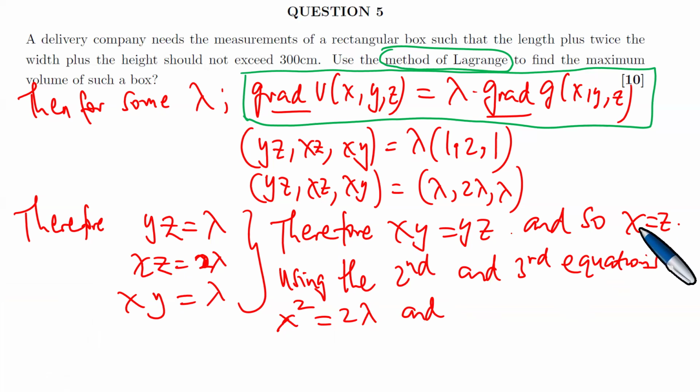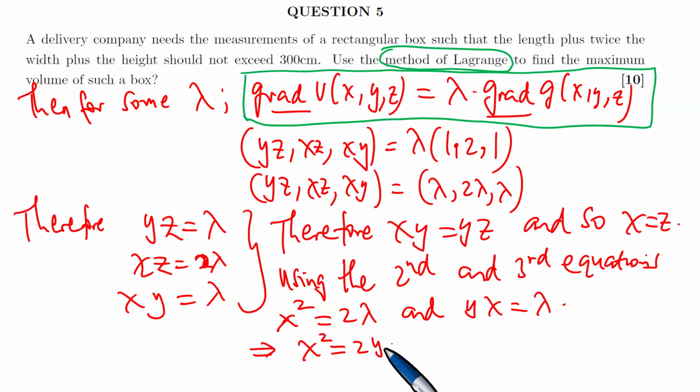Because x equals z, here we replace z by x, getting x squared. So we can replace z by x, getting yx equals lambda. Okay, and this means x squared equals 2 lambda, which is 2yx.